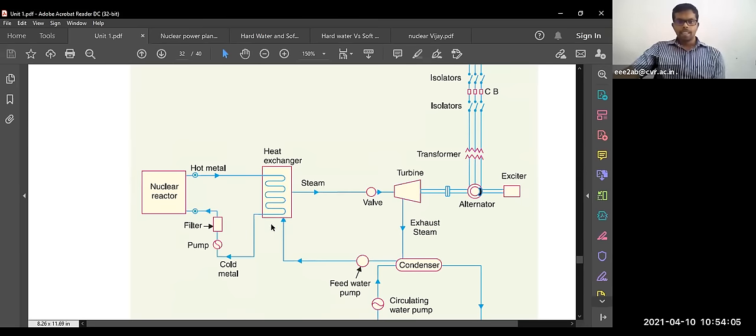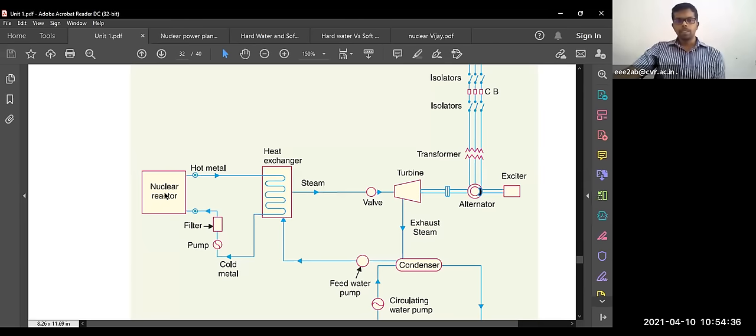In the reactor, only the fuel, uranium-235 fuel rods, is placed, and here hot metal, instead of water, like sodium metal, is used to carry the heat to the heat exchanger, acting as a coolant.